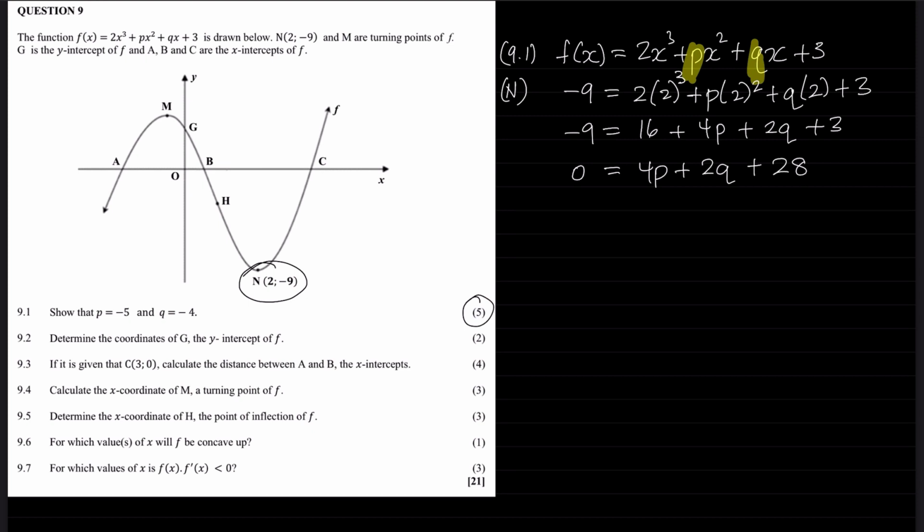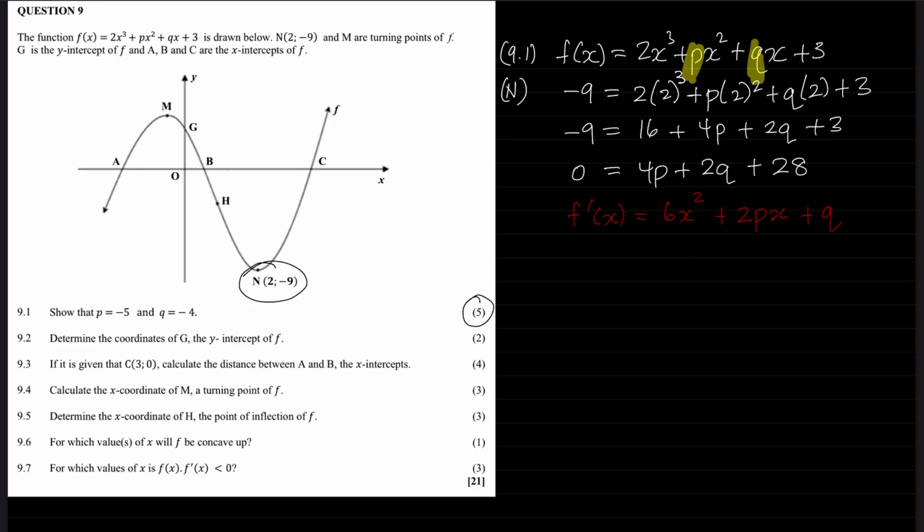Now I need another equation, and what I can do is work out the derivative. So let's work out the derivative. f prime x is equal to 6x to the power of 2 plus 2px plus q.